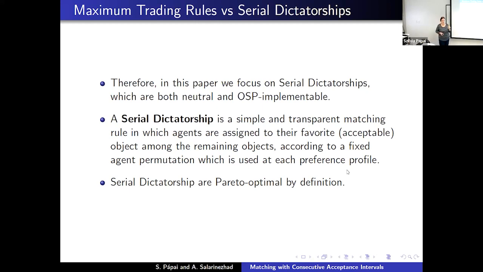The labels of the objects don't matter. That's not true for the trading rules, because you have those endowments. And it's also OSP implementable. So it meets an even stricter criterion than just strategy proofness or group strategy proofness. So it's something that agents can deal with cognitively because it's very transparent.